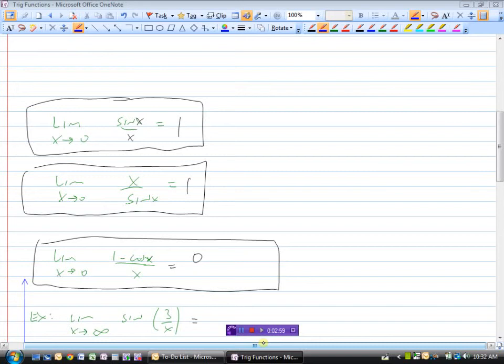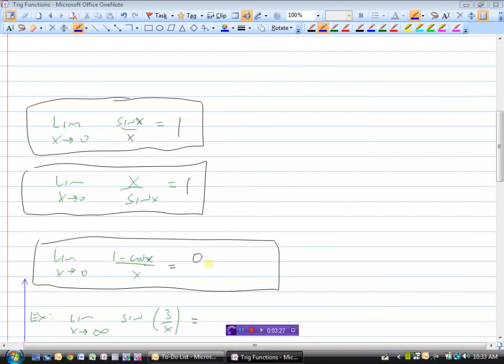These are the three identities that we need to memorize. The problem with these ones, of course, is if you try to put 0 in. If we put 0 in for x here, sine of 0 is 0, divided by 0. This is one of these 0 over 0 things. In fact, they're all 0 over 0. But when you actually look at the graphs of these functions, and you can graph them if you like, just graph y equals sine x divided by x, you will see that when x is 0, the limit's 1.